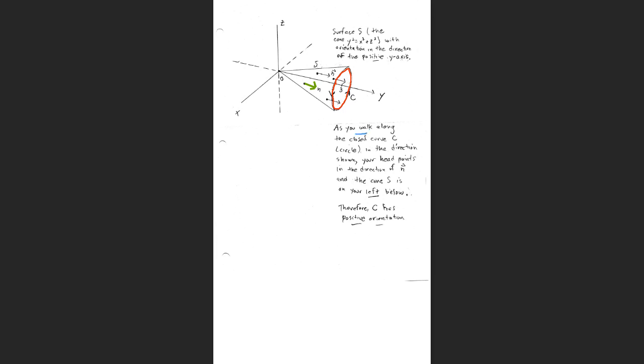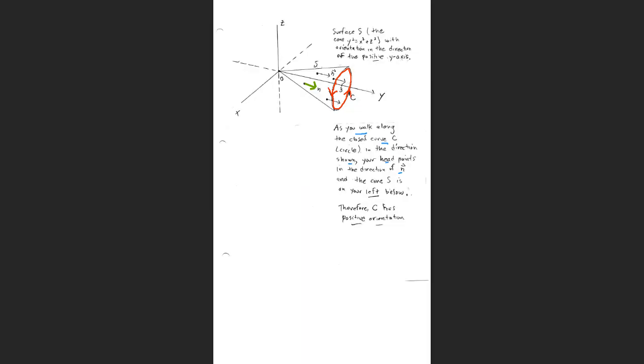As you walk along the closed curve C in the direction shown, this direction here, your head points in the direction of the normal vectors.